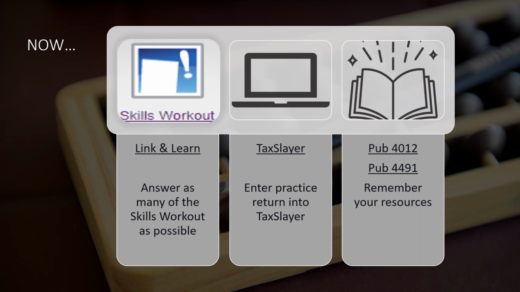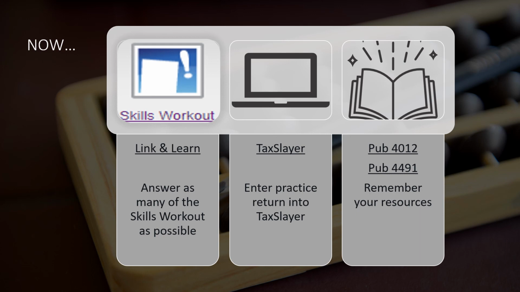And then, as always, we have our Publication 4012. These are a little more complicated tax topics, and so certainly when you have a taxpayer come in with this situation, do not feel bad looking this up. In fact, you will need to. I need to look it up when I have a taxpayer come in with this kind of situation.